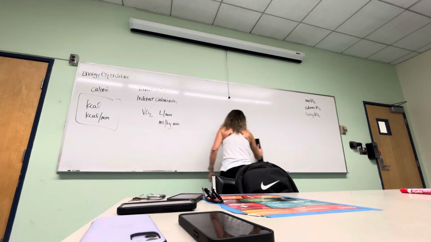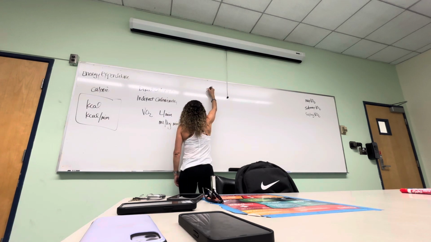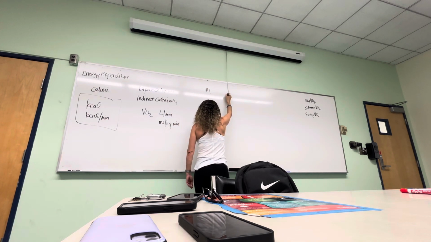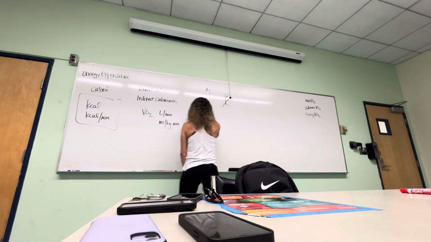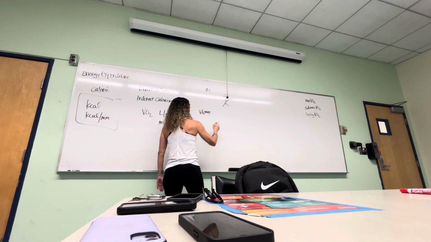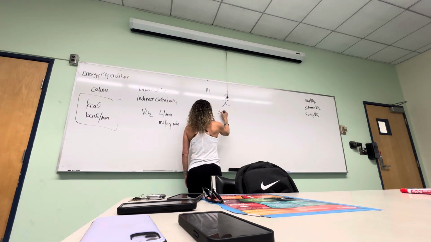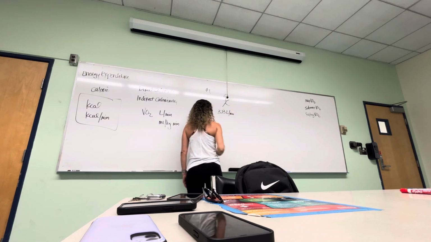Let me give you a critical thinking question. Here's person number one. Person number one has a VO2 max of 3.13 liters of oxygen per minute.